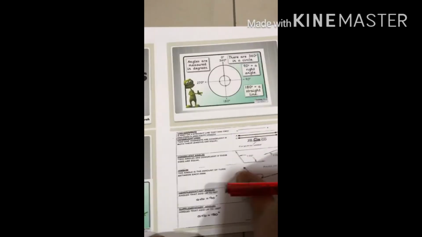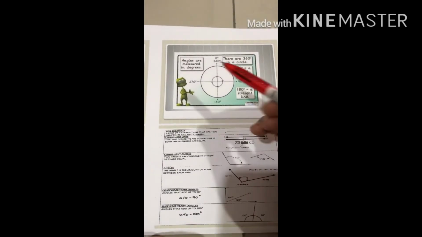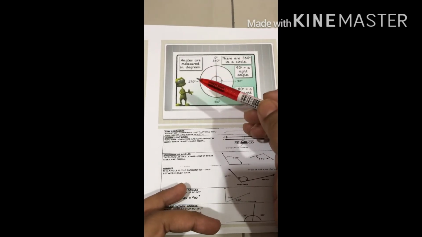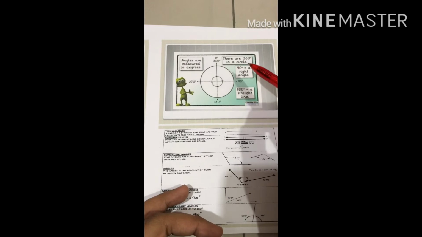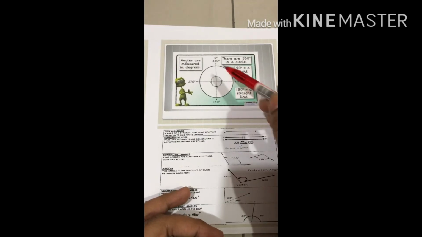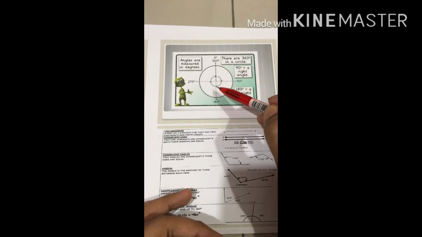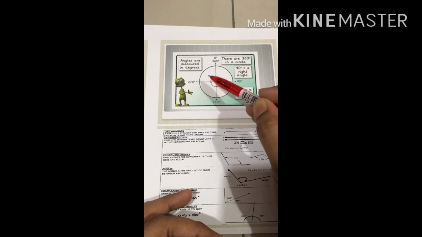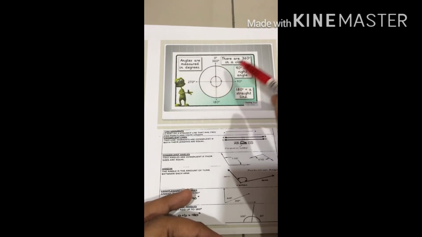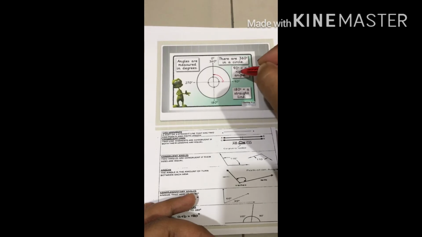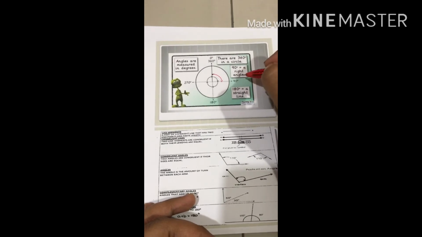Next, angles are measured in degrees. You must put the degrees. There are 360 degrees in a circle. I said the whole rotation is like the clock, right? This one we call the whole rotation, full rotation, 360. If the arrow rotates like this, only until here, we call it 90 degrees, which is a right angle.